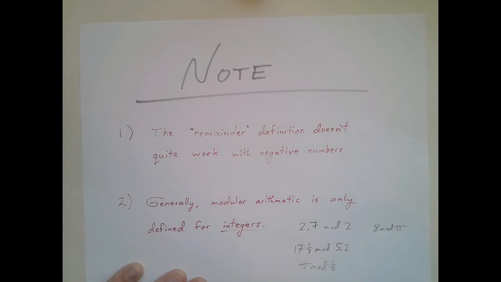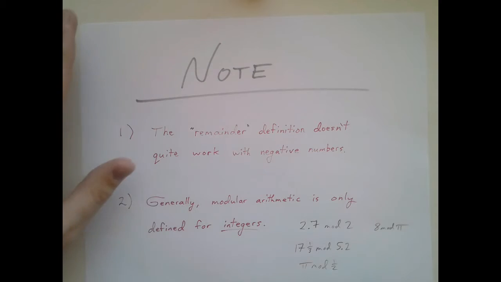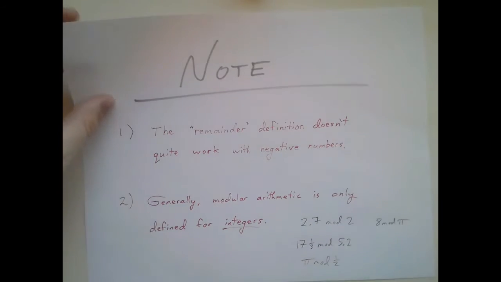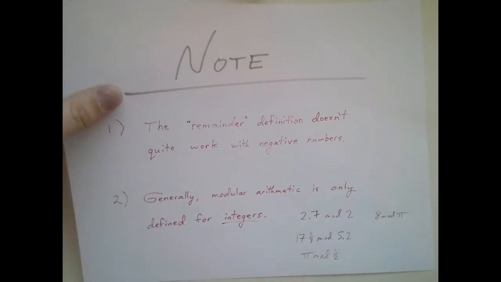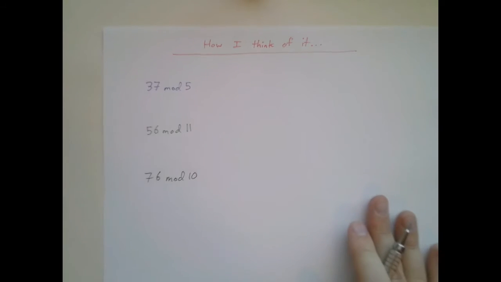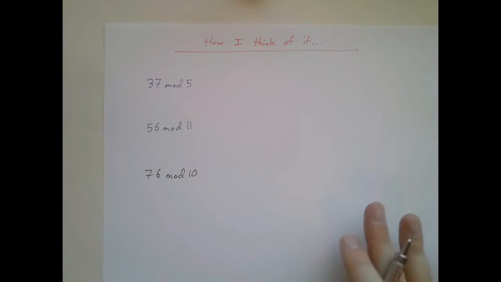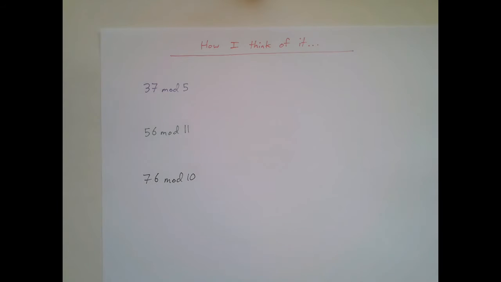Okay, none of that. You could invent different versions that would work with decimals and fractions, and I'm sure people have. But normally you're just talking about integers, so whole numbers basically, as some people call them. So here's the way I think about it that I think makes the most sense.